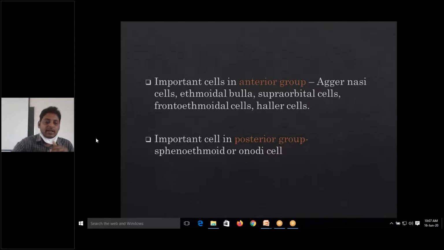The name indicates sphenoethmoid because the ethmoid cell which is pneumatizing into the sphenoid region is known as sphenoethmoid, also known as Onodi cell. The Onodi cell belongs to the posterior group. Here you may get another MCQ: which is a posterior group ethmoid cell? The options will be Onodi cell, Haller cell, Agger cell, ethmoidal cell, or supraorbital cell. Here we should go with Onodi cell. So I hope you are all clear up to now.